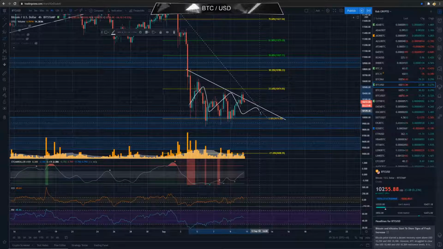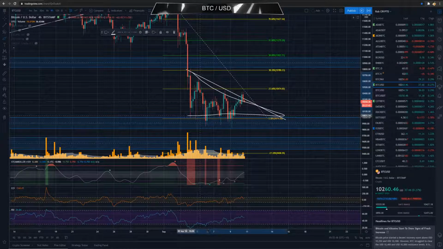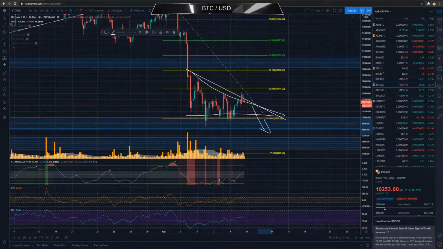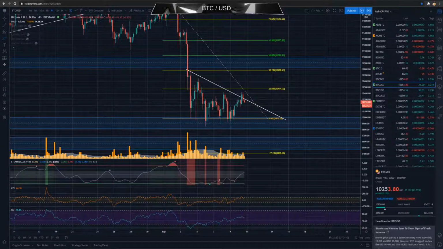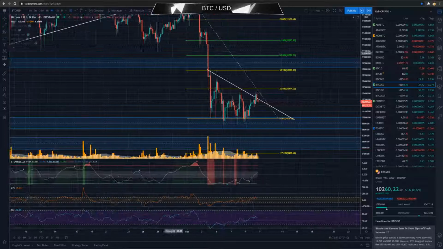On the grand scale of things, in terms of this pattern in general, more than likely and more often than not, they do break to the downside, or they form that continuation pattern that we really find ourselves in.